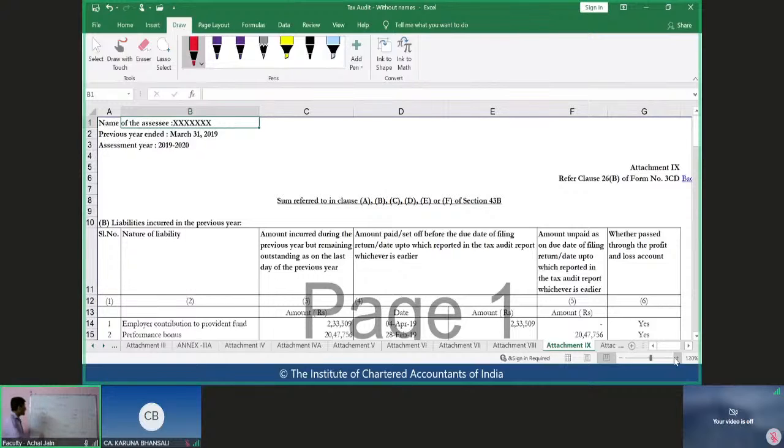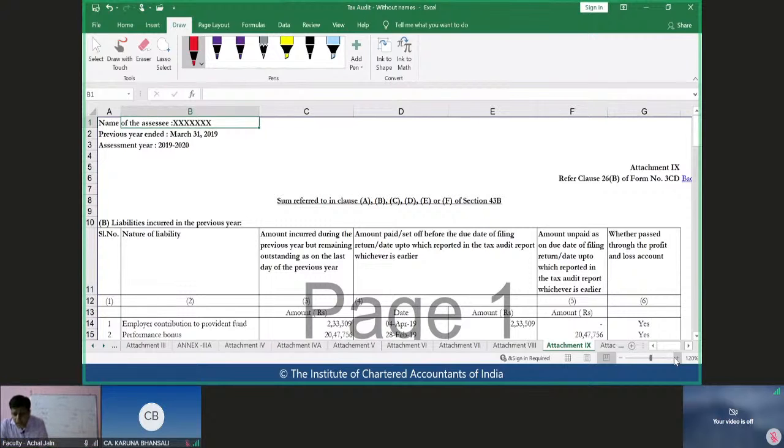Only those liabilities will be covered over here. So the opening balances all will come over here, and the current year transactions resulting into these type of transactions to be reported under these clauses will come over here.